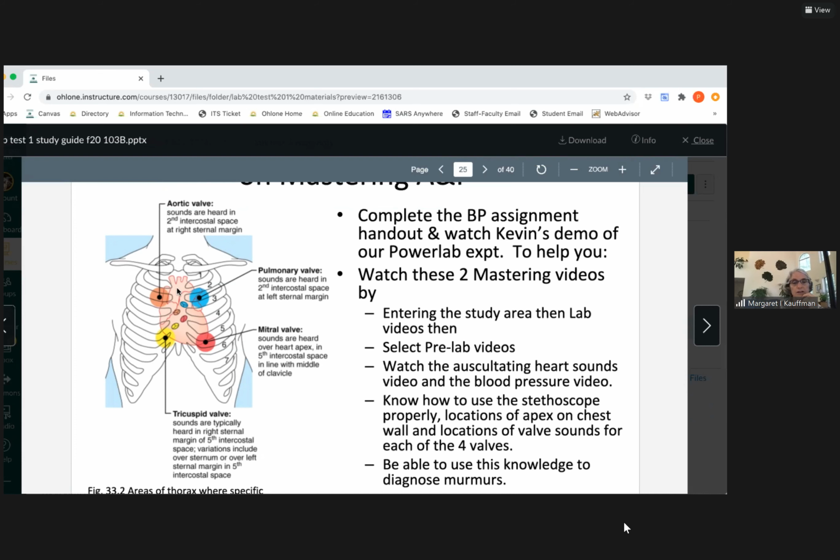So on the chest wall, and obviously we can't even do this in person because it's a very personal place to be palpating people or listening with a stethoscope, but you probably have had a doctor do this. You can hear the aortic semilunar and the pulmonary semilunar on the right and left side of the sternum.